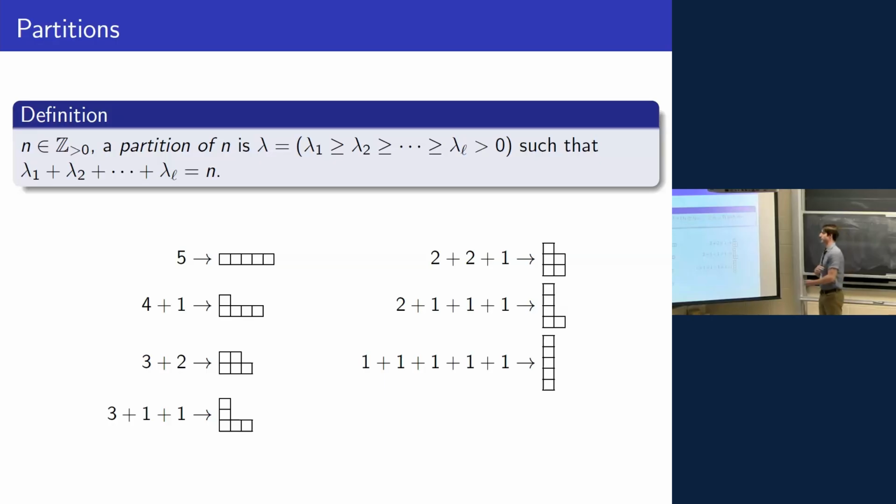I'm sorry if you're familiar with English notation, and if you don't know what I'm talking about, don't worry, I'm right, and they're wrong. For instance, 3, 2 is an integer partition of 5, and I'm just going to put 3 boxes on the first row, 2 boxes on the second row, and that illustrates my integer partition.